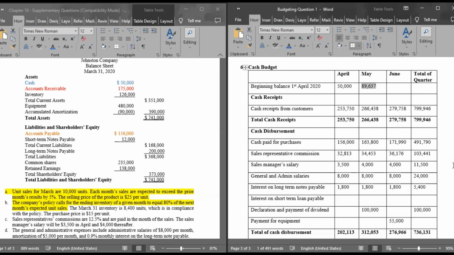266,438 plus the beginning balance 89,637, and subtract the cash disbursement.